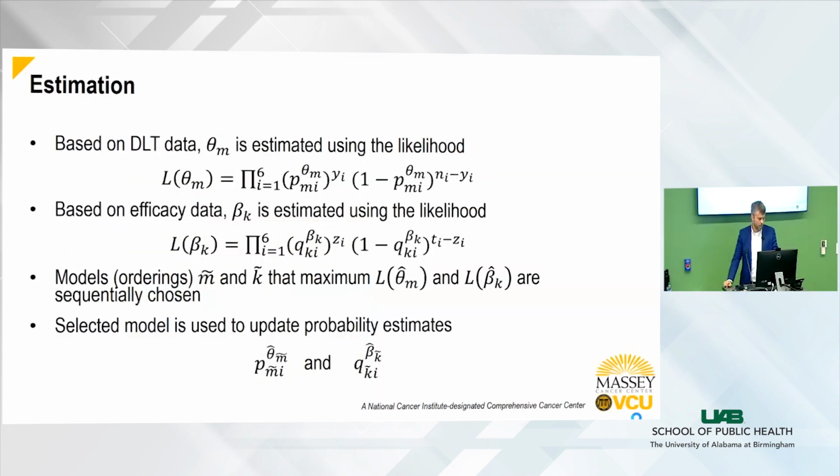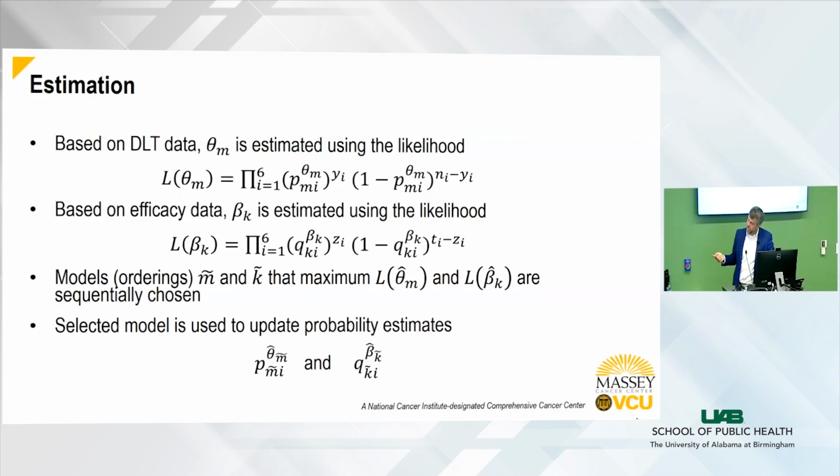Okay, so based on the DLT data, I'm going to estimate theta M, which is my parameter in the toxicity model. And for efficacy, I'm going to estimate beta based on these similar likelihoods, where the NIs are the number of patients that have been evaluated for toxicity at dose level I, or drug combination I, dose pair I, and YI is the number of DLTs that I've seen at that drug combination pair.